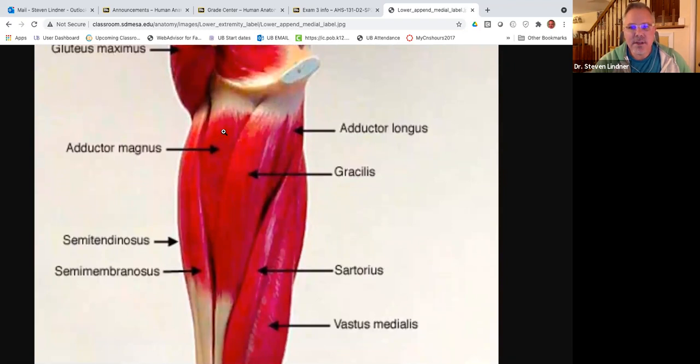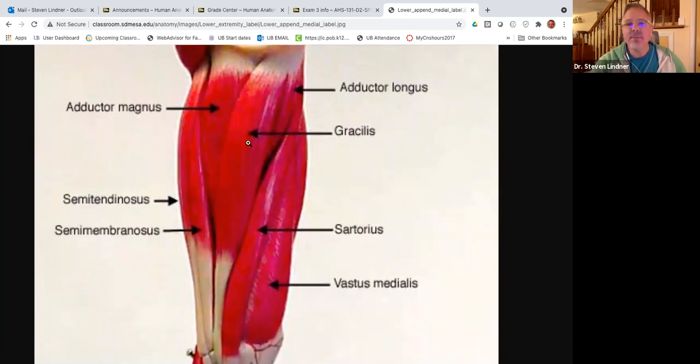Here's the large adductor magnus. You can't see how large it is from this view because you have all the superficial muscles covering it. But if all these muscles were dissected away, you'd see why it earned the name adductor magnus. In fact, a lot of anatomists break down the actions of the adductor magnus in a similar fashion to the deltoid.